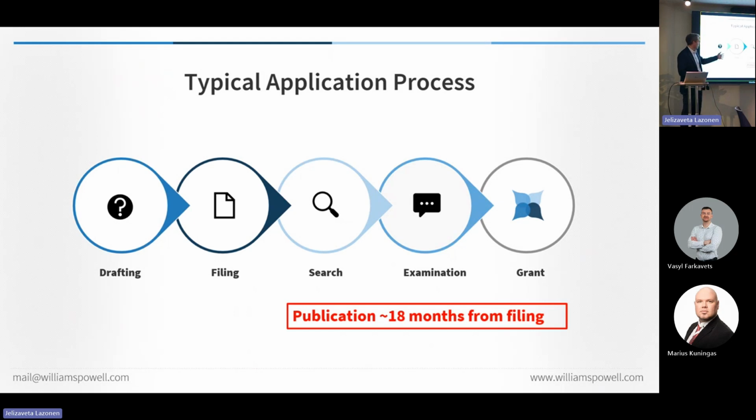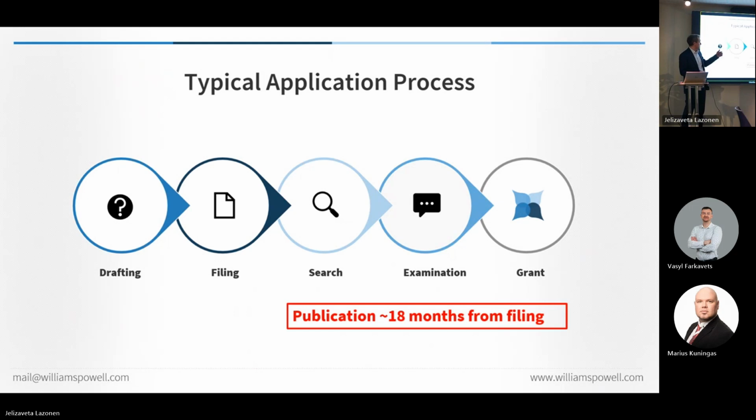Once that's ready, we file it at a patent office in the country where we want to protect it. Then we go into a process of search and examination, which is a back and forth between the applicant and the patent office. Normally, a patent attorney is the one representing the applicant.